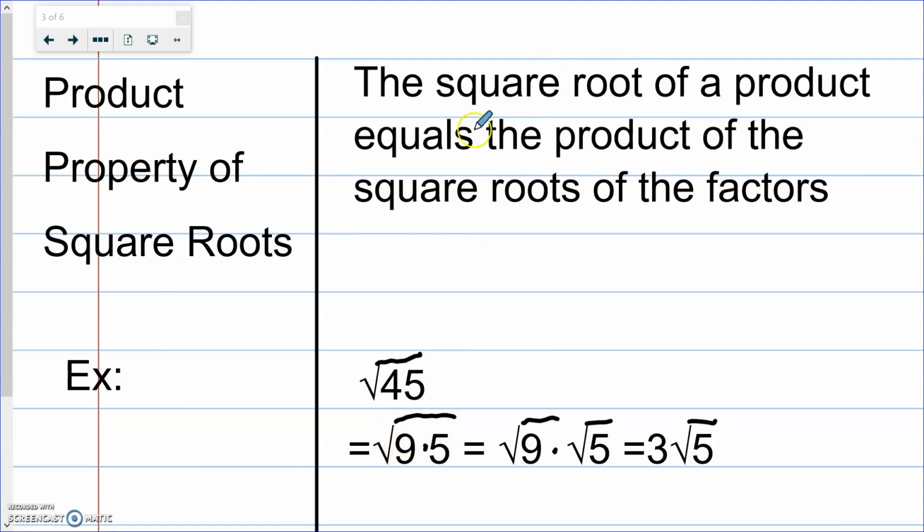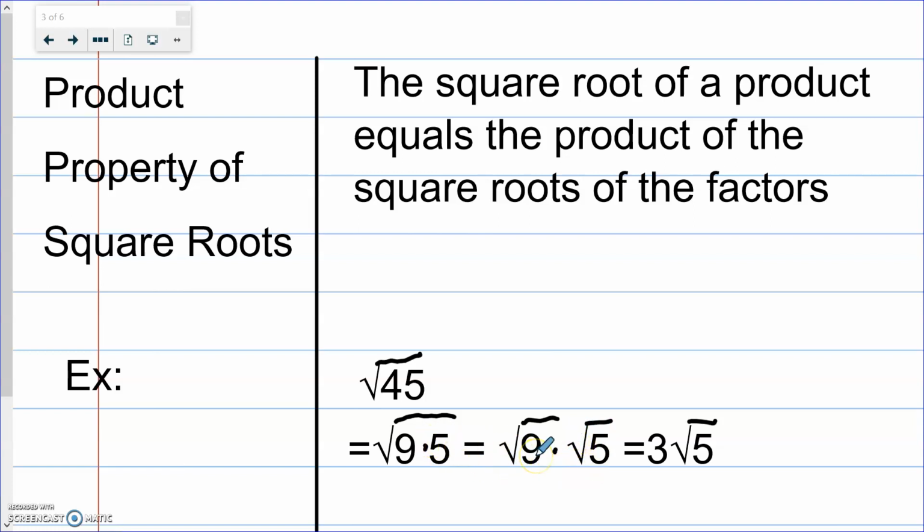But the square root of a product equals the product of the square roots. So we're taking the square root of 9 times 5, and we can separate these 2 out. Now we have the square root of 9 times the square root of 5. This is a rule that we can do.